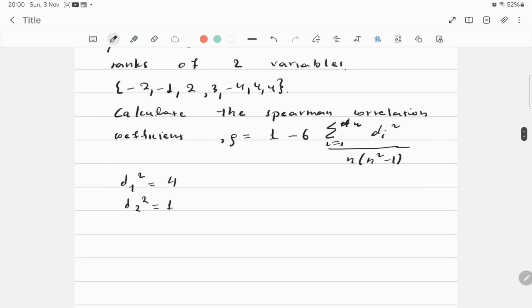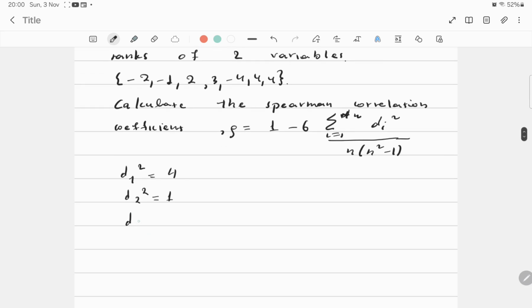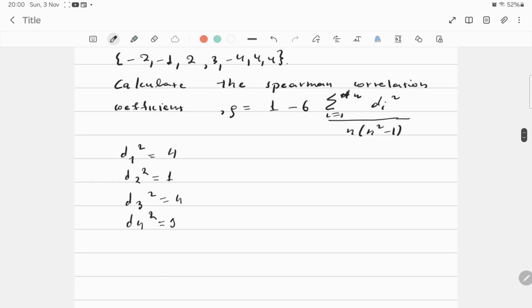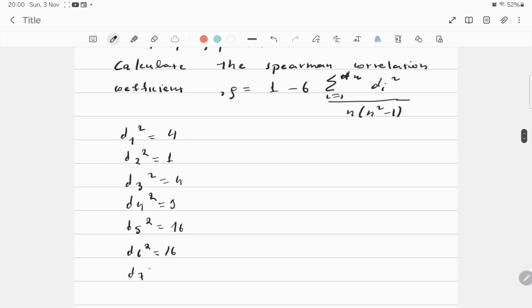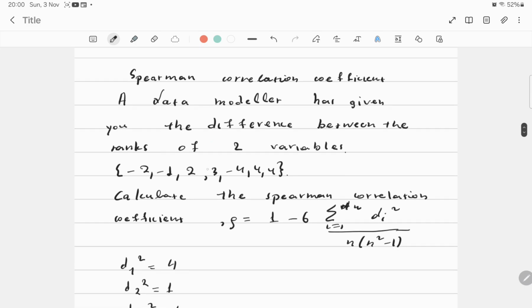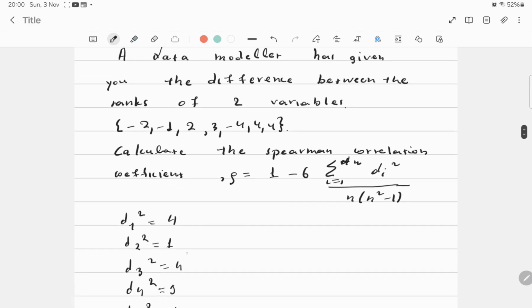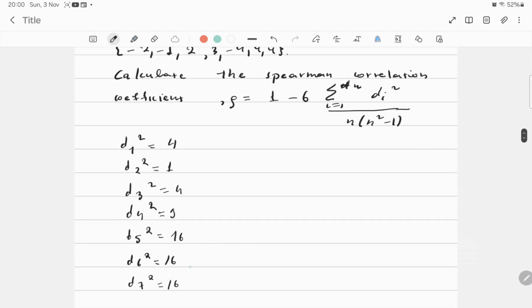We square these differences here. d3 squared is equal to 4, d4 squared is equal to 9, d5 squared is equal to 16, d6 squared is equal to 16, d7 squared is equal to 16. We take these differences and we square them. We have 4, 1, 4, 9, 16, 16, 16.